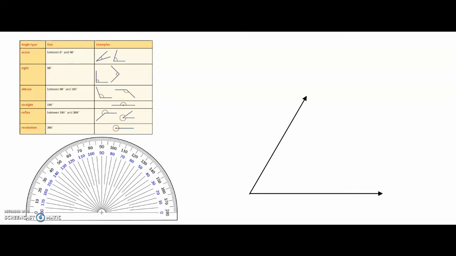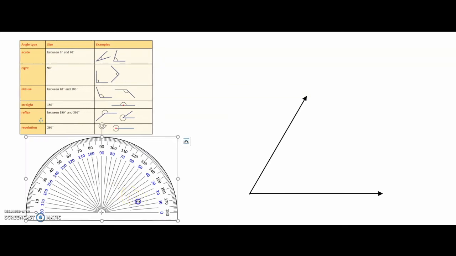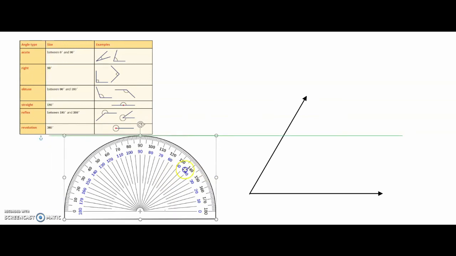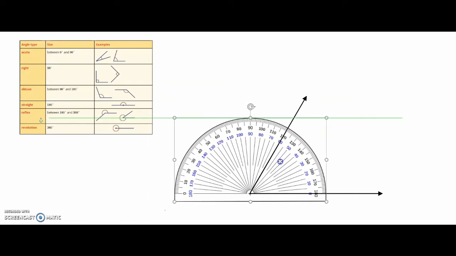So I'm going to grab my protractor and I'm going to move it so that my bottom line runs along my bottom intersecting line, so my bottom line of the two lines that are matching.